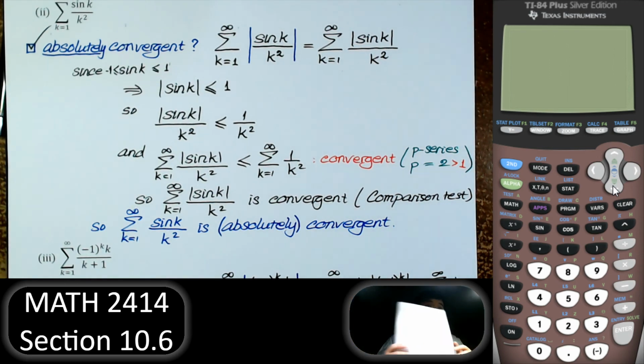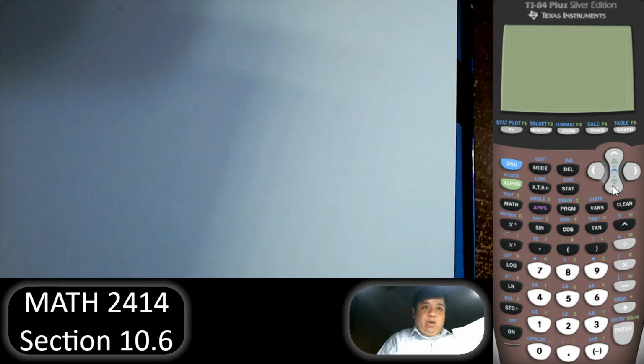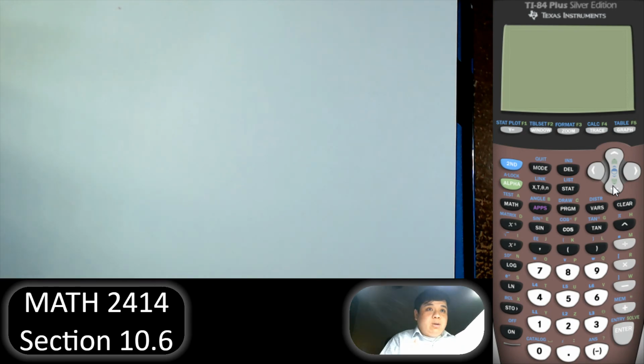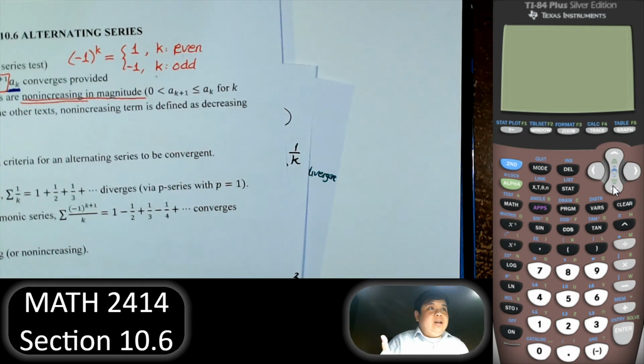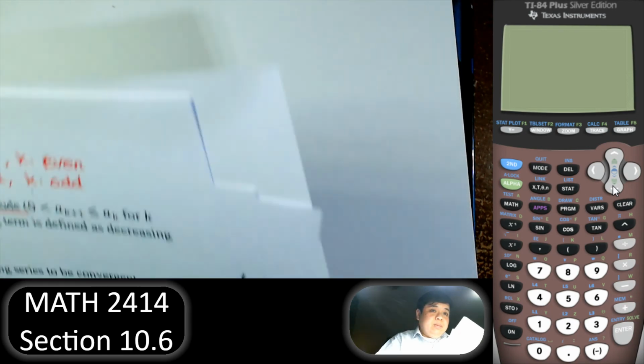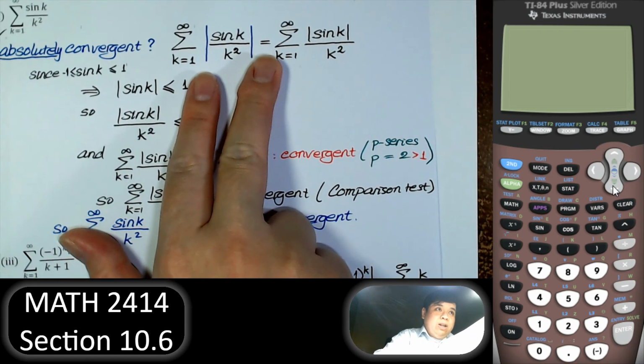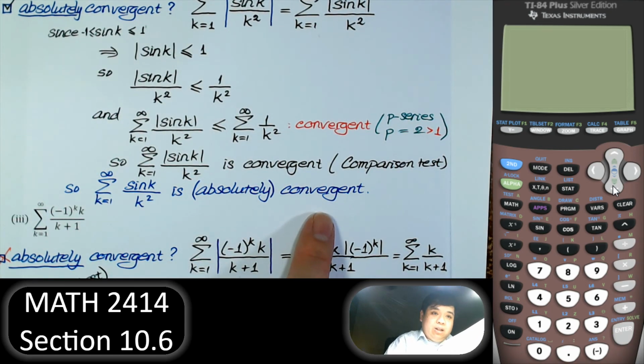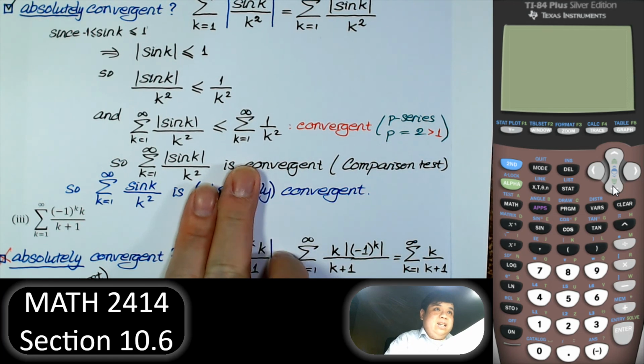So sometimes when we ask if the series is convergent or not, we just throw in the absolute values. If it is convergent with the absolute values, it will be convergent without it. Or we can say it is convergent in general.